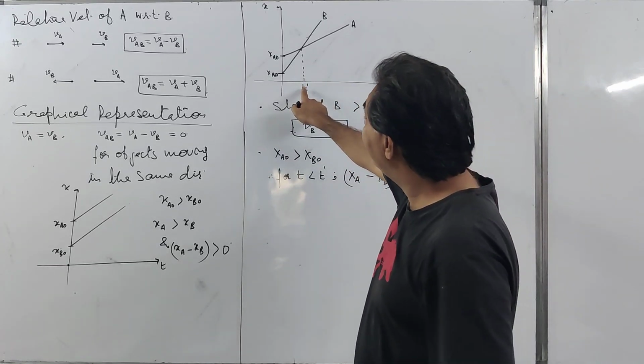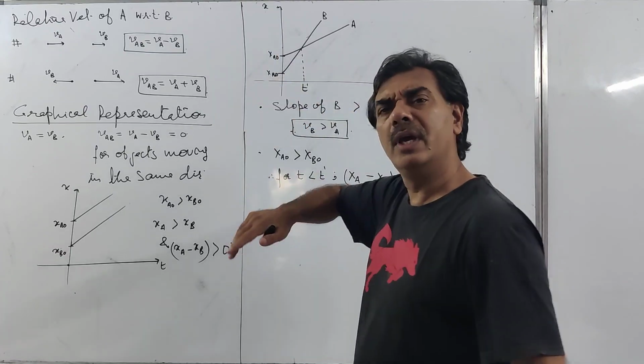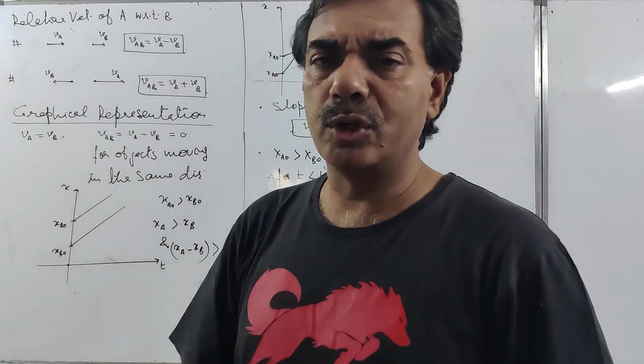Because for a time less than t dash, the position of A will be more than the position of B.